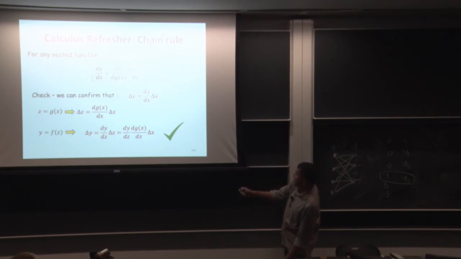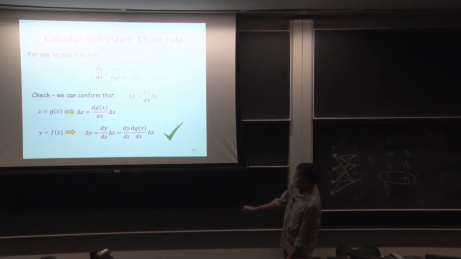If the definition of derivatives holds, delta y must be derivative times delta x. First, let me start off by saying z equals g of x. So that is y equals f of z, correct? But from this relation, I get delta z equals dg(x) over dx times delta x. So this relation I can plug in.